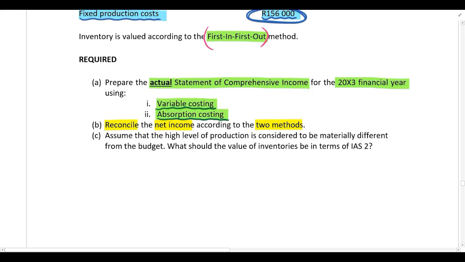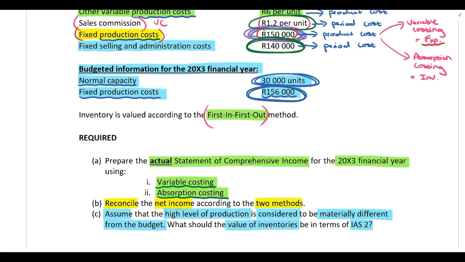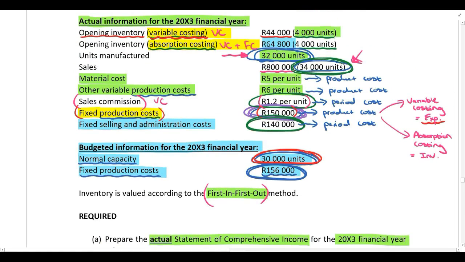Then in part C, assume that the high level of production is considered to be materially different from the budget. What should the value of inventories be in terms of IAS 2? Please note, guys, in this question we were given normal capacity to be 30,000 units, and our actual production was 32,000 units.